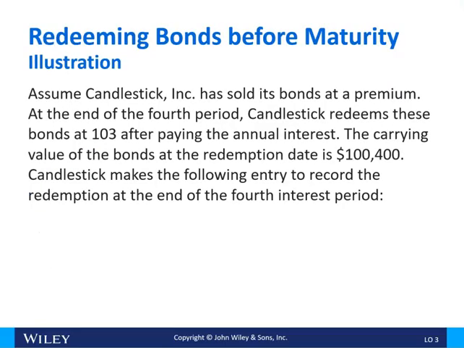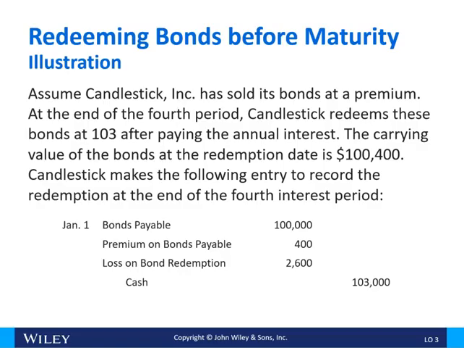So let's look at an illustration. Assume we sold the Candlestick bonds at a premium. We're going to redeem these at 103 after paying the annual interest. The carrying value of the bonds at redemption is $100,400. What's the entry we make at the end of the fourth interest period?